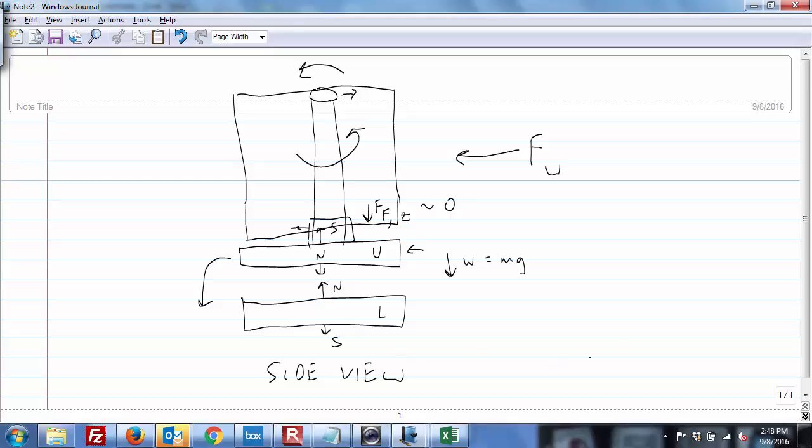You could just imagine a couple of toroidal magnets like that, and that's what the fields look like. The field lines in a magnetic field are always this toroidal shape, but at the surface, the direction of the field is perpendicular to the surface of the magnet.